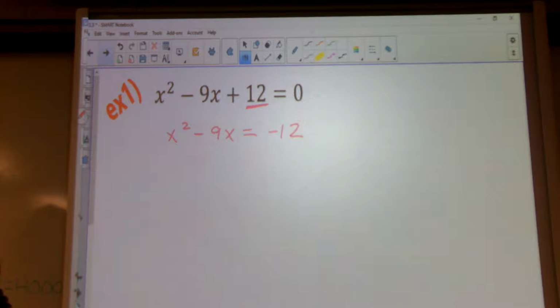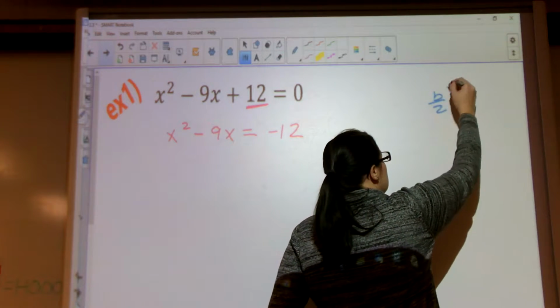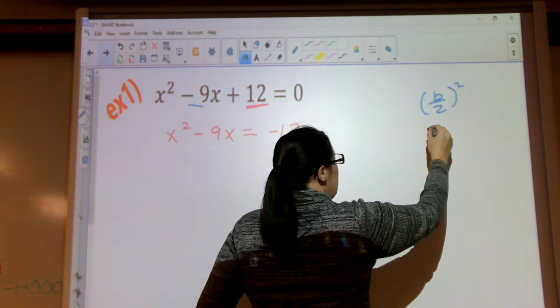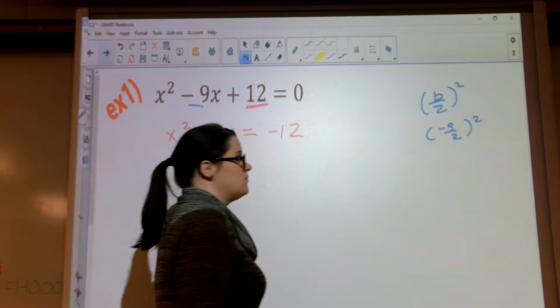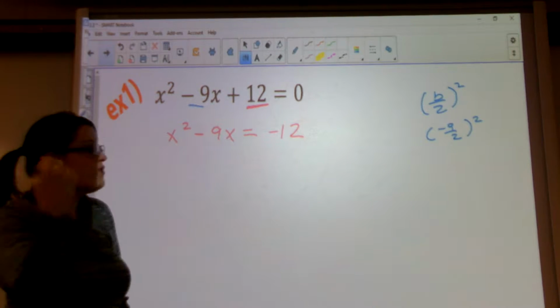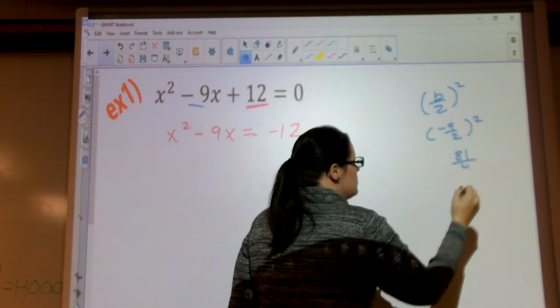Step 3 says I'm going to add b over 2 squared. We can go off to the side and find b over 2 squared. B in our case is negative 9. Now you can write it like this. That will actually be 81/4.